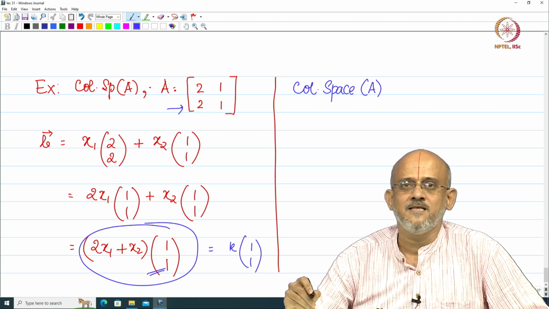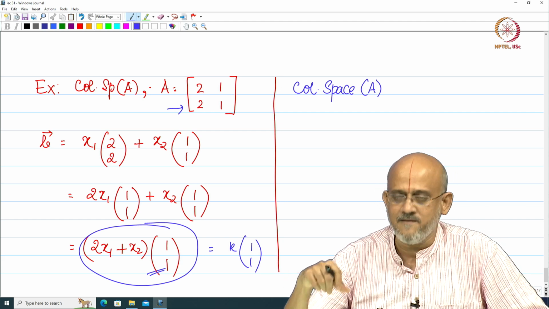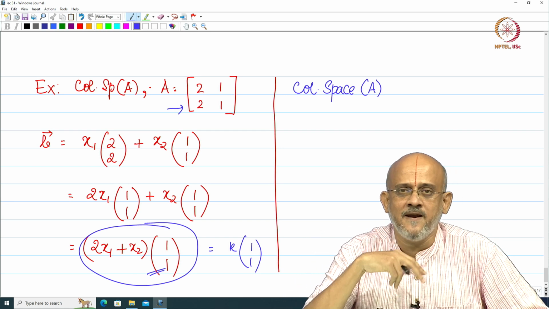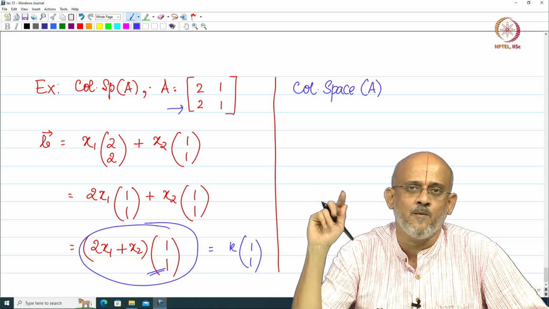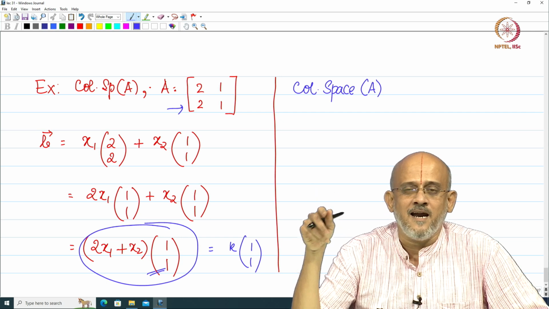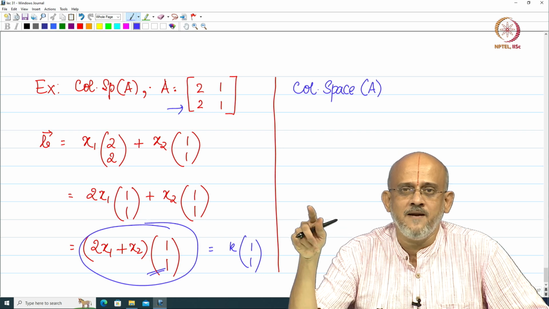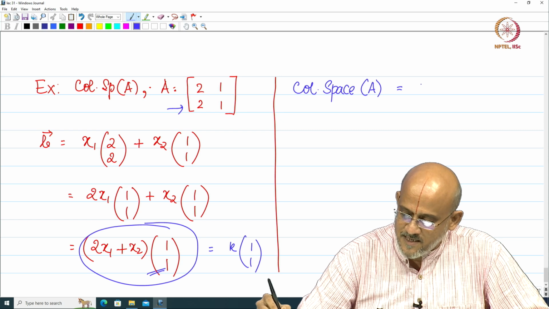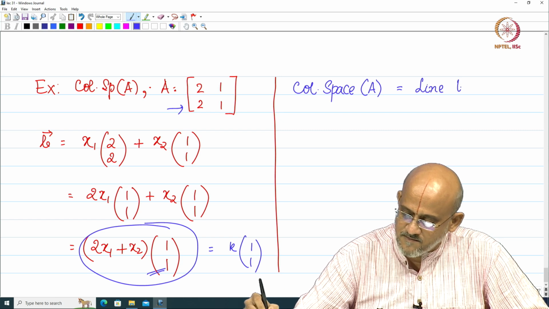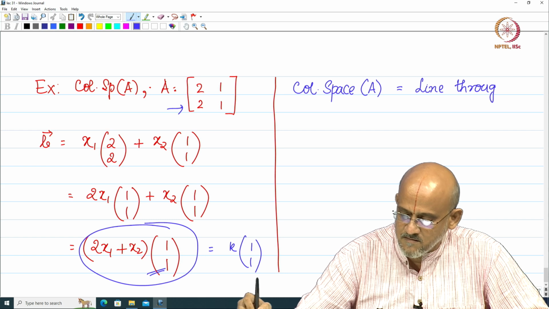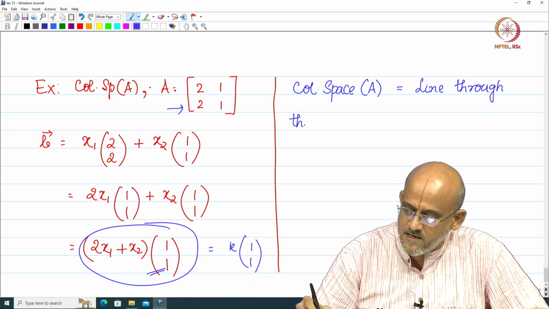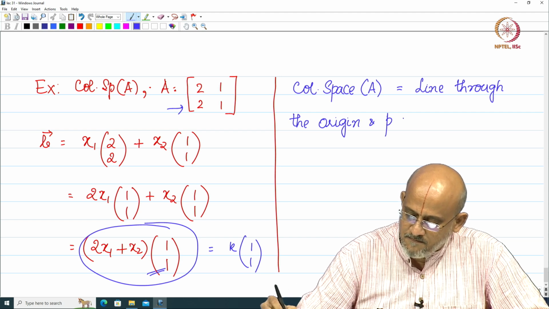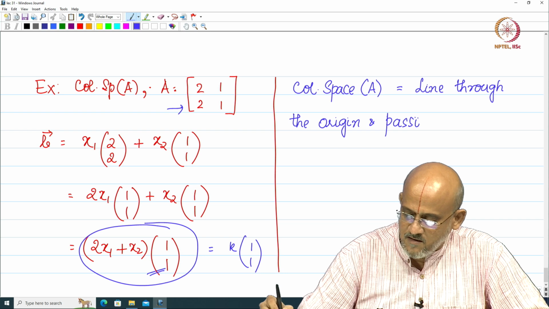Now what is this? The set of points k times (1,1), the multiples of this vector (1,1), will actually be a line passing through the origin and the point (1,1), right. And we already know that whenever you have a line passing through the origin, that forms a subspace, and therefore in this case the column space of A is basically a line through the origin passing through (1,1).